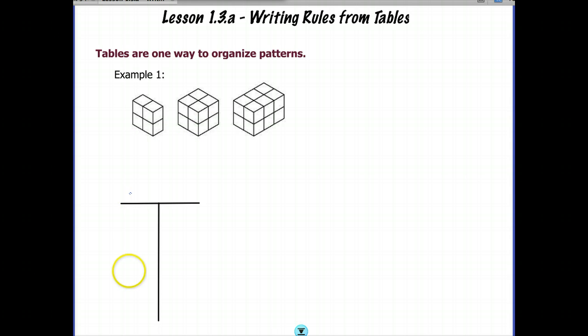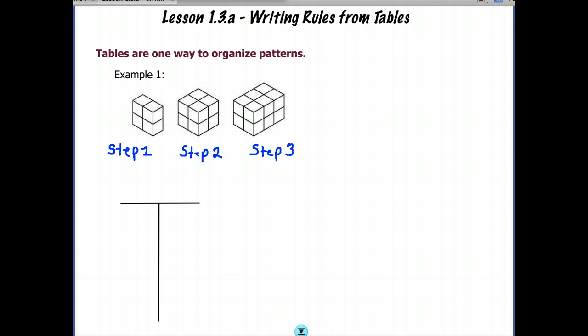What we've done in the past is we have said, okay, this is step one or figure one. I'll go ahead and just say this is step one. And this then would be step two. And the next growing pattern is our step three.